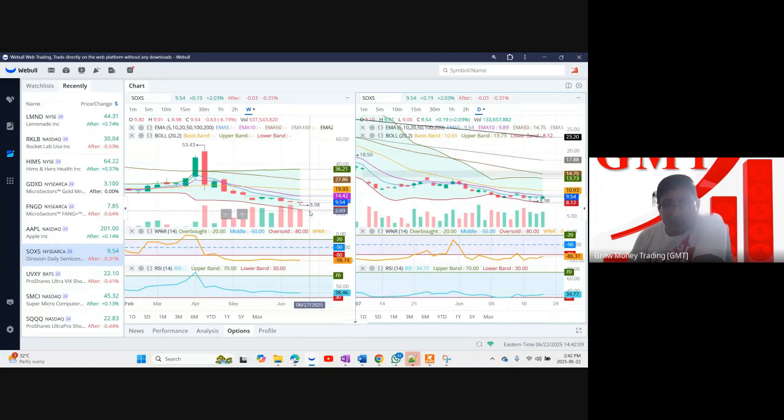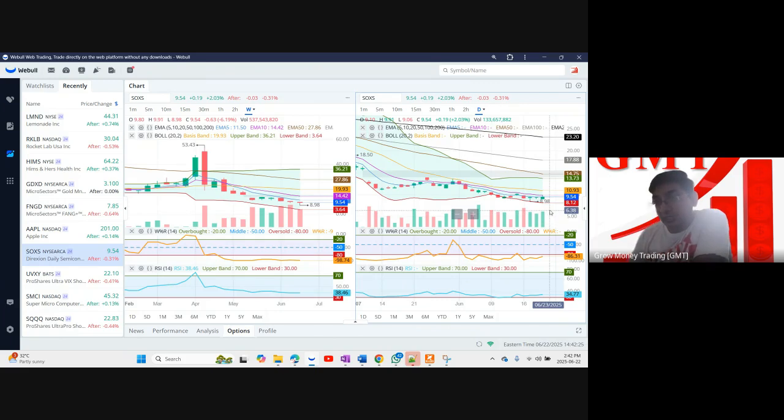On a weekly chart, because it has dropped from a recent high in April at 53, the higher levels on the weekly chart, the EMAs are at quite high levels.